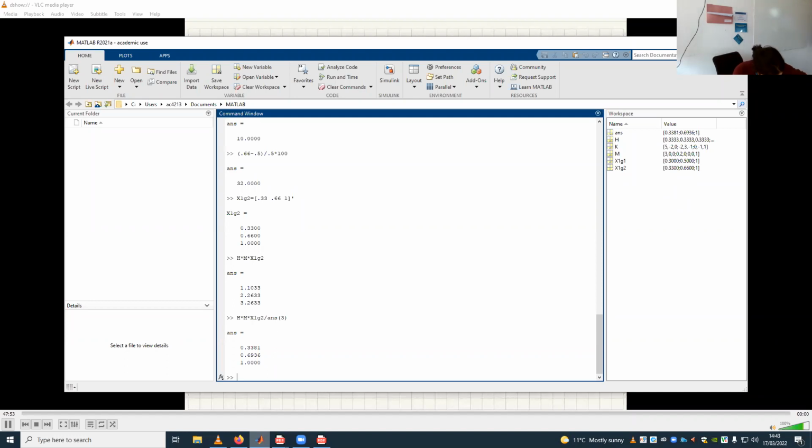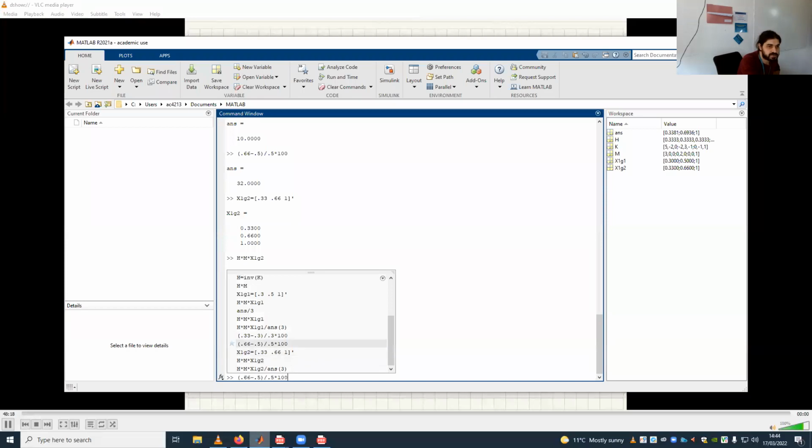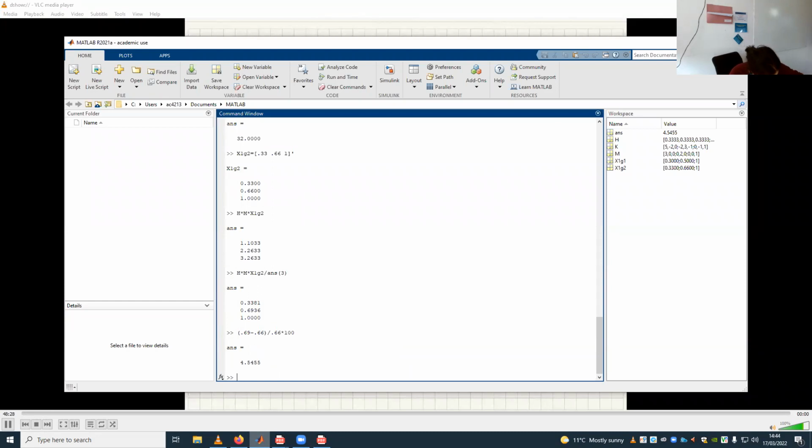That's equal to 0.33, 0.66, and 1. And so the error is of course 0% for the last one. And we have 69 minus 66 divided by 66, 4.45%.